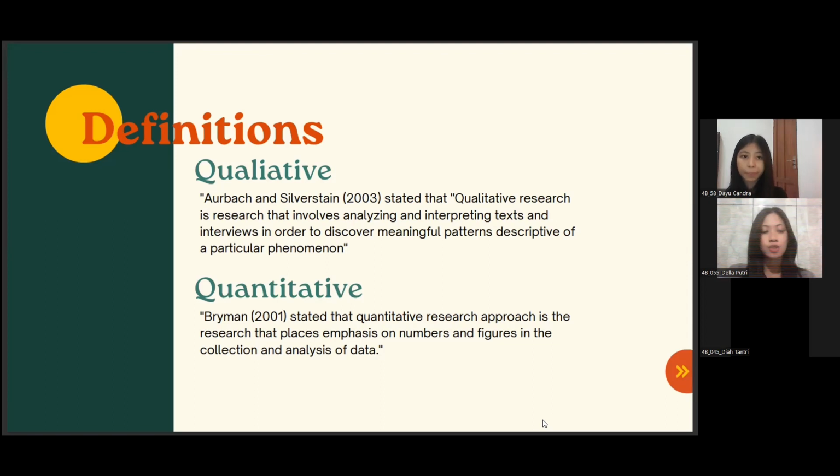Okay, thank you, Dia. So for qualitative, based on Albrecht and Silverstein in 2003, qualitative research is research that involves analyzing and interpreting texts and interviews in order to discover meaningful patterns descriptive of a particular phenomenon.